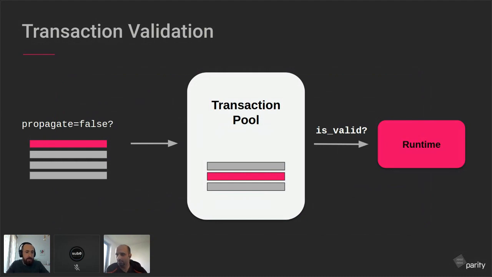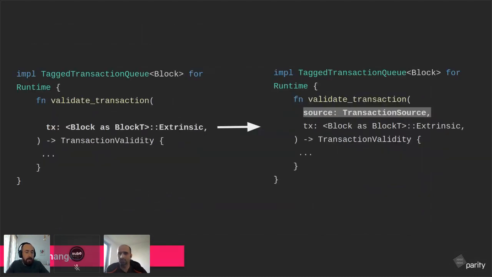So we have changed the API, and you can see that previously you were implementing a trait called tagged transaction queue, and it only had one method with one parameter, which was just the extrinsic, so the transaction itself. Right now, there's an additional parameter called transaction source. It's an enum and has 3 values as far as I remember.